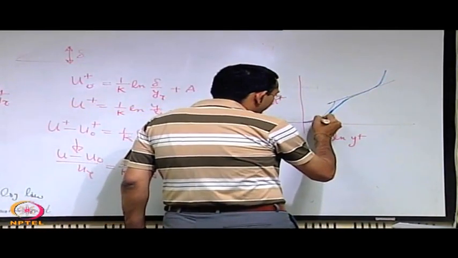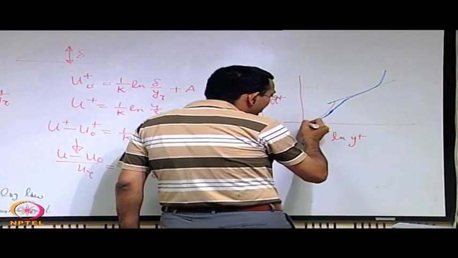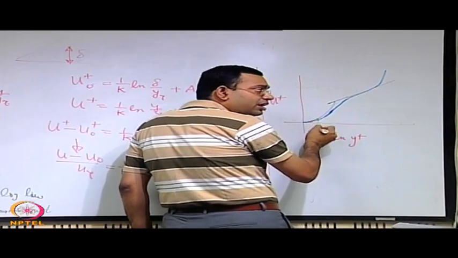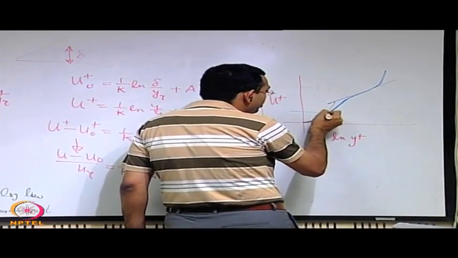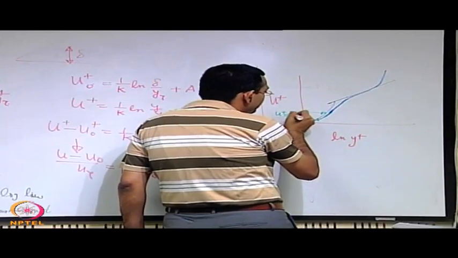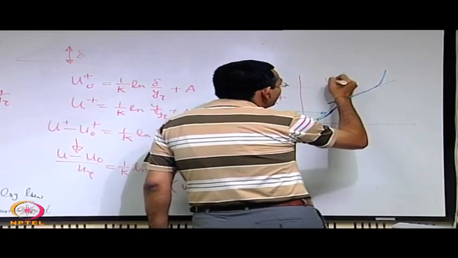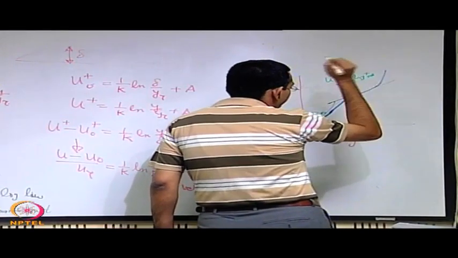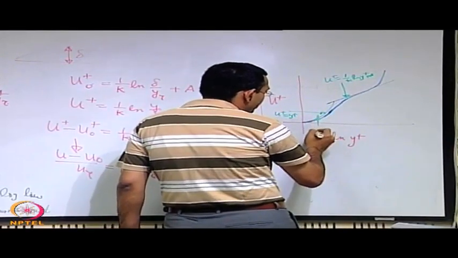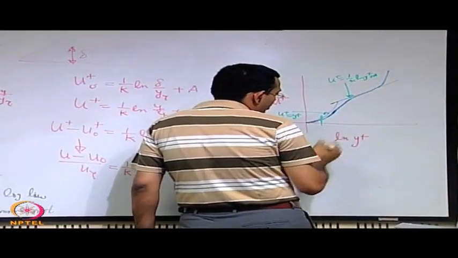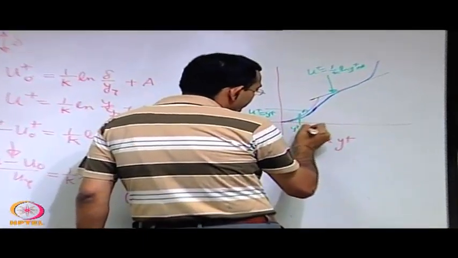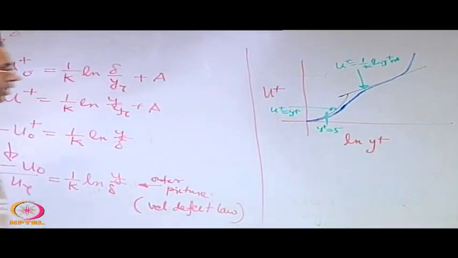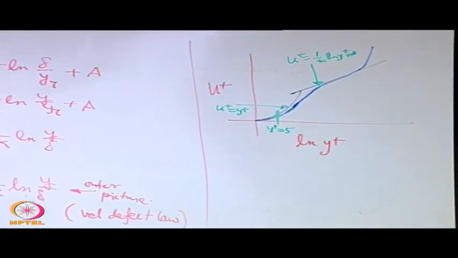So, there is a limit over which the experimental and theoretical very close to the wall exactly match, that is u plus equal to y plus, this line, and this line is u plus equal to 1 by k ln y plus plus a. So, this limit is roughly like y plus equal to 5, okay. So, roughly up to y plus equal to 5.